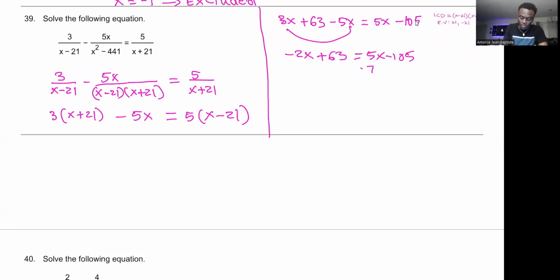Subtract 5x on both sides. Negative 7x plus 63 equals negative 105. Subtract 63. Negative 7x equals negative 168.